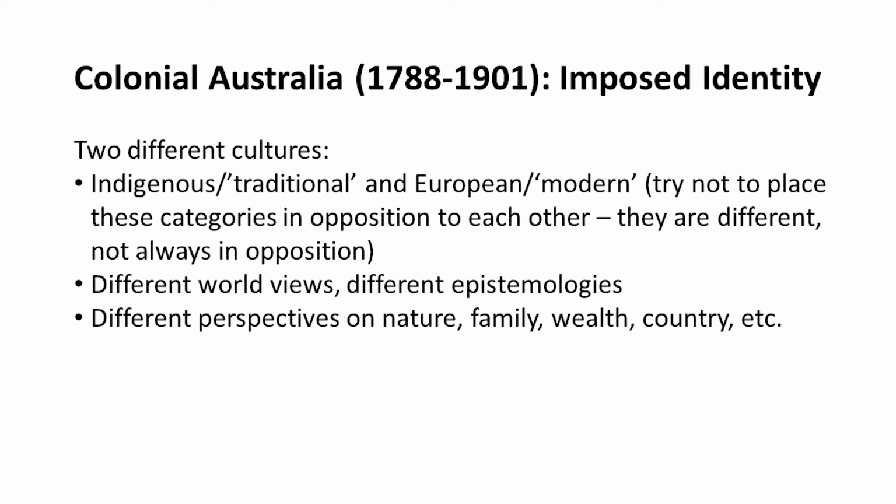So what we see from 1788 to 1900 onwards is really this idea of a different way of understanding Australia that is a frontier. Two different groups in connection with each other, with different perspectives on nature, different perspectives on family, on wealth. Even the term country has a really different understanding whether you're looking at colonial Australia or Indigenous Australia.